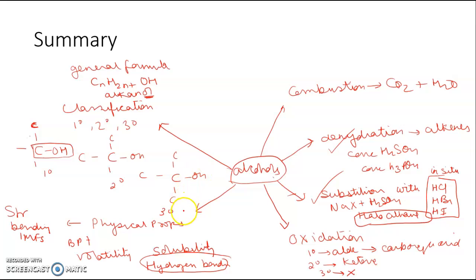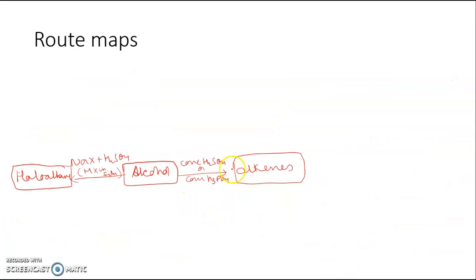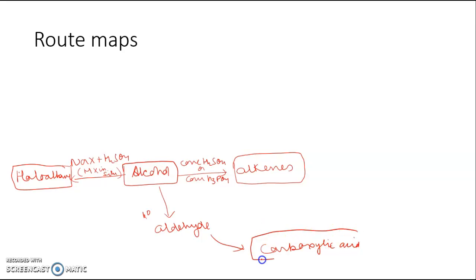So that reaction's done. The third reaction is your oxidation reaction. If it is a 1 degree alcohol, it gives you an aldehyde. Aldehyde will then give you a carboxylic acid. So you're seeing the way in which you can go from an aldehyde to a carboxylic acid.